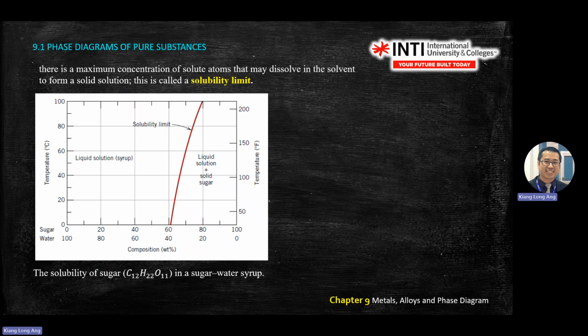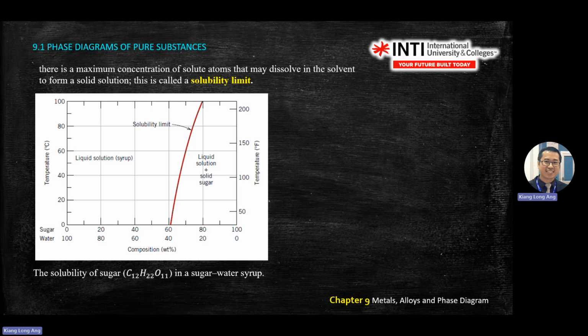Not for water. Water starts with 100%. As you move towards the right, water decreases. It means on this point, you have 100% water, 0% sugar. As you move forward, the maximum you have is 100% sugar, 0% water.